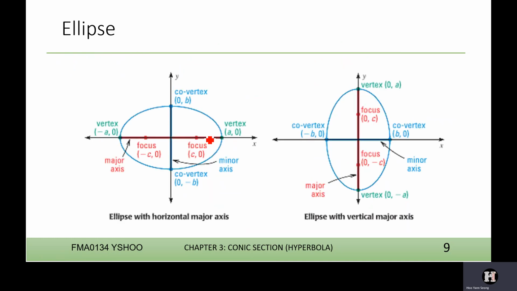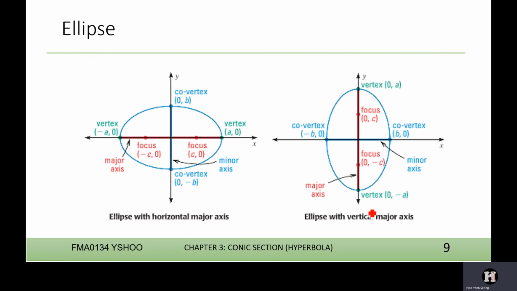Now we go to the projection. Because the circle, no matter how you rotate it, will still remain a round thing. But that does not happen to our ellipse. If you look at this ellipse, down here it says ellipse with horizontal major axis and ellipse with vertical major axis.